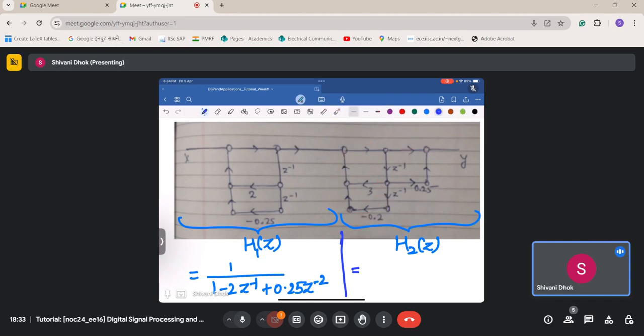So the feed forward will come in the numerator, so in the numerator we'll have this gain as 1 plus z inverse into 0.25.